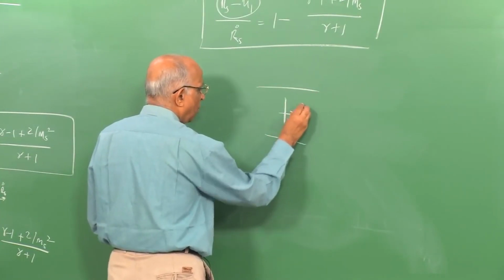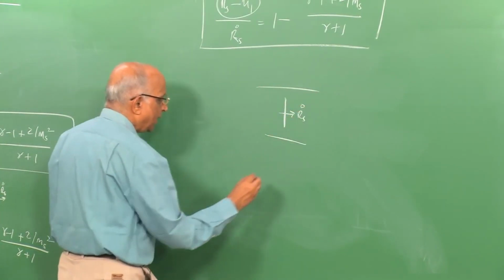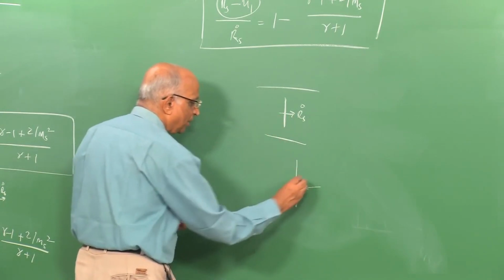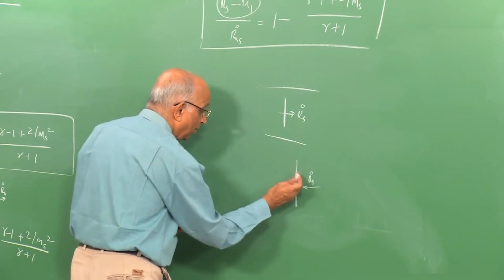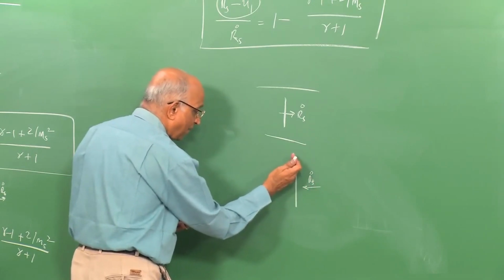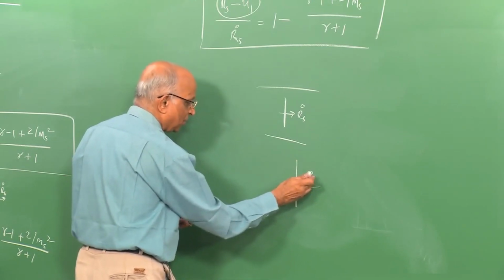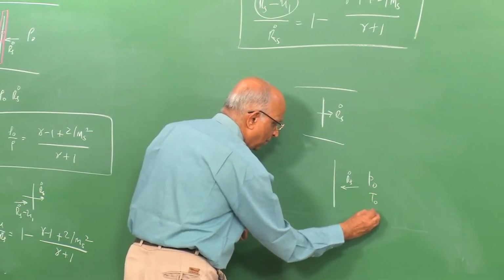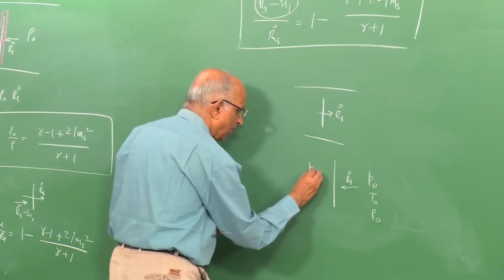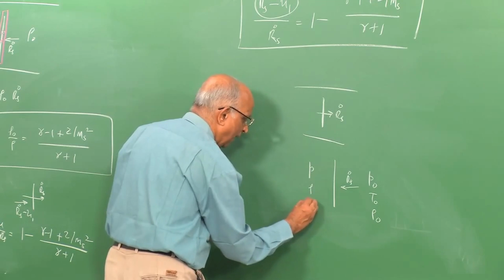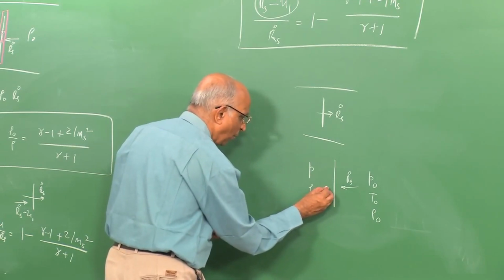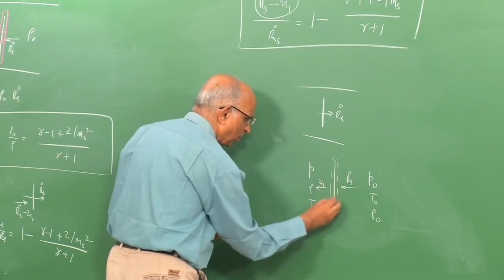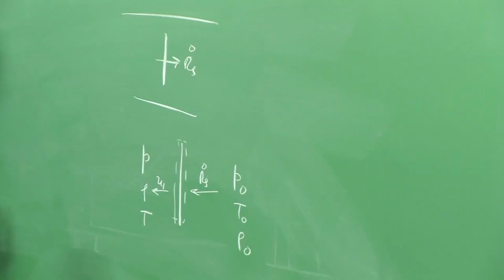When the shock velocity is constant and I consider my frame of reference of the shock stationary, when the gases are travelling towards my shock front with a velocity rs dot, if the conditions ahead are P0, T0, rho 0, I am able to find out the value of P, rho and T, and also the value of the velocity u1 in the frame of reference. When the shock is moving, I said it is rs dot minus u1.